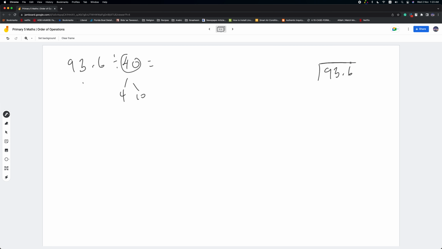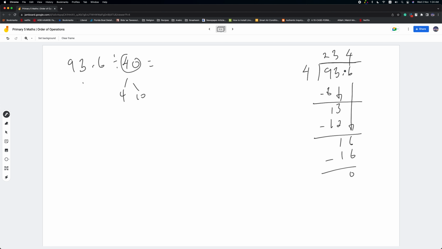Divide by 4. Simple division, something that you have done before. You have 13, 4 times 3, 12. You see I did not do anything different. 4. And look here, there's only 1 digit after the decimal.